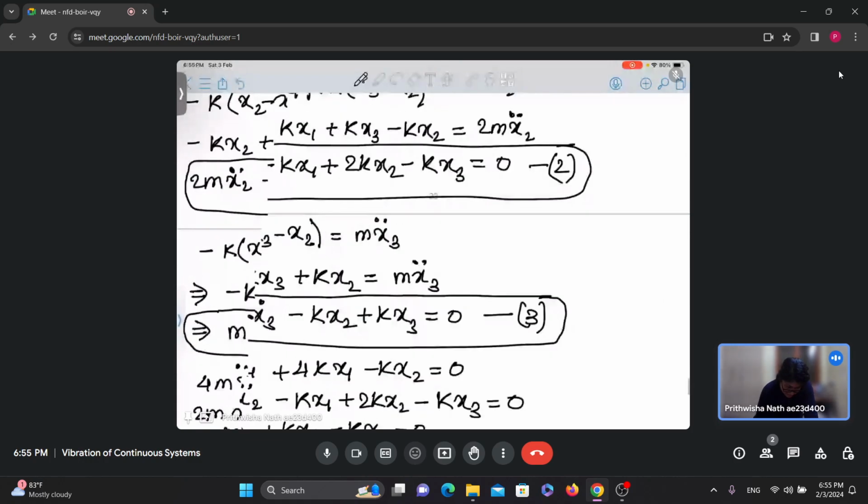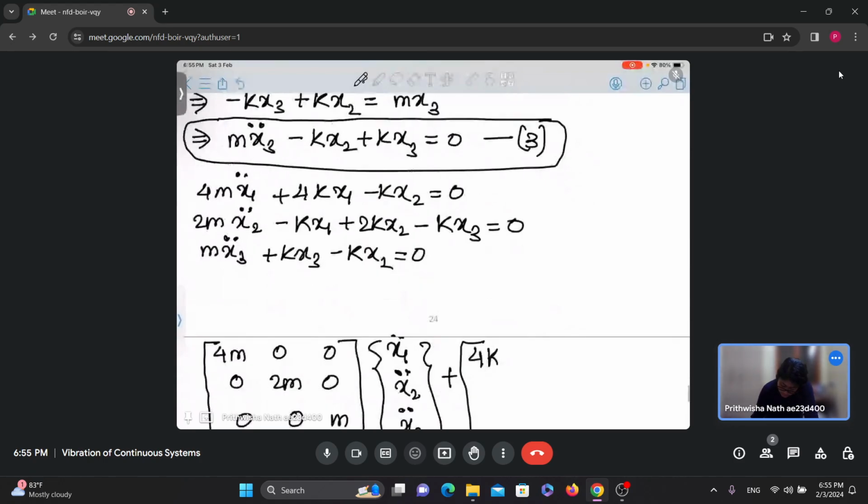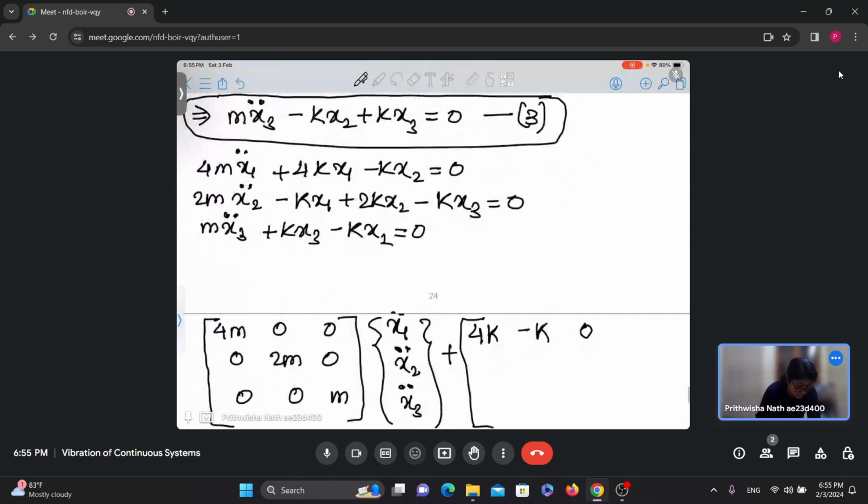So this is 4k, this is minus k, and there is no coefficient for x3, so that is 0. Similarly, for the second equation, the coefficient for x1 is minus k, for x2 it is 2k, and for x3 it is minus k.